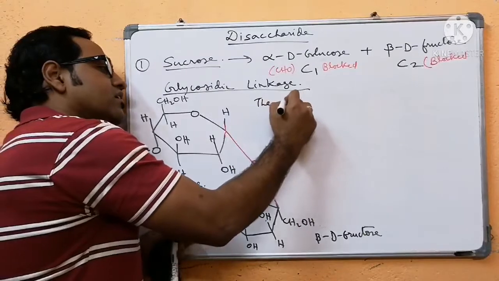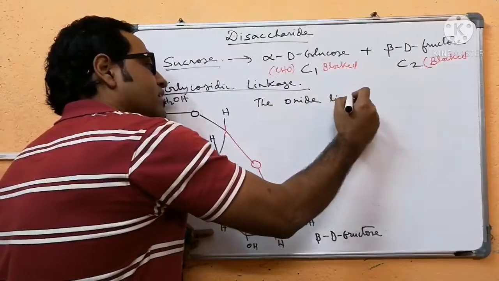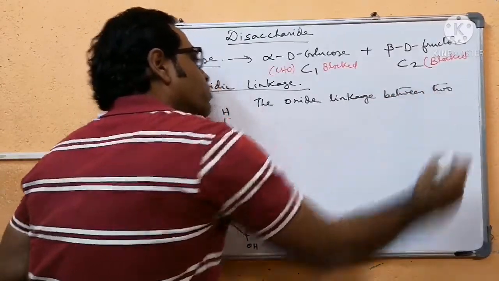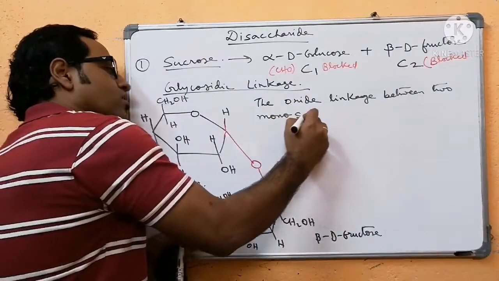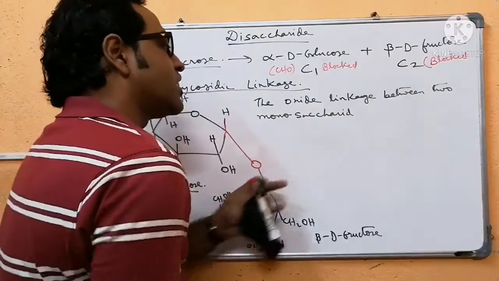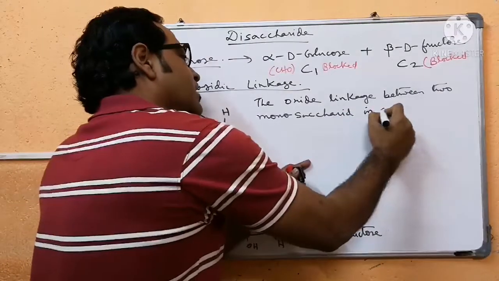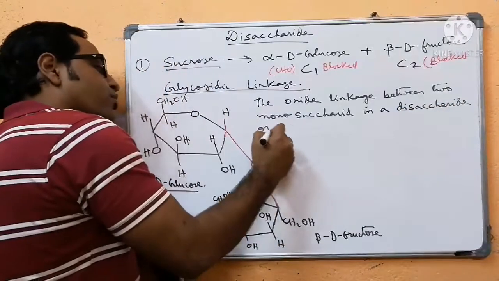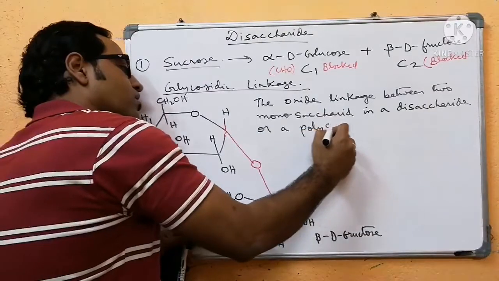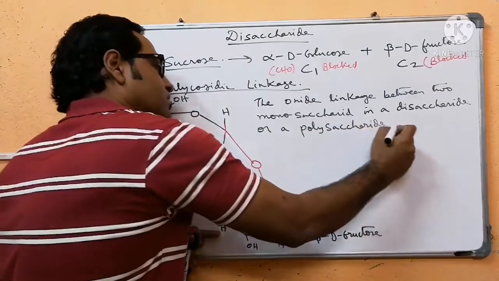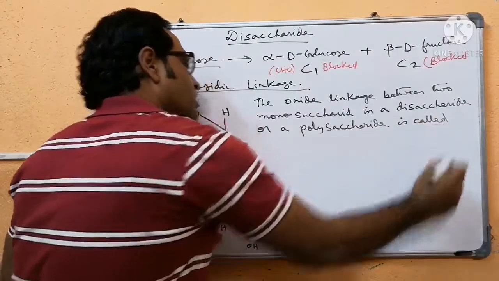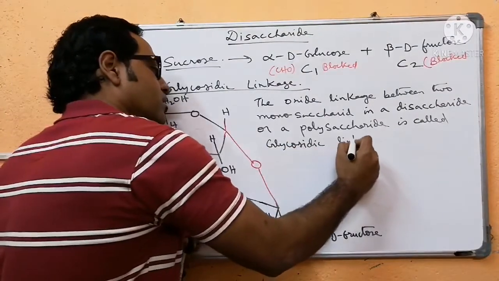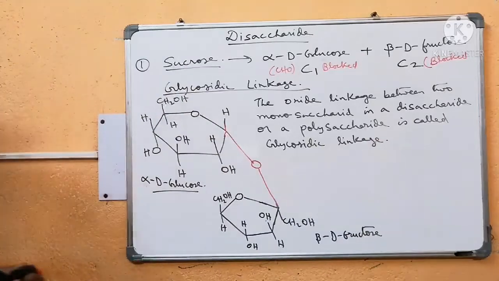The oxide linkage between two monosaccharides in a disaccharide or a polysaccharide is called glycosidic linkage.